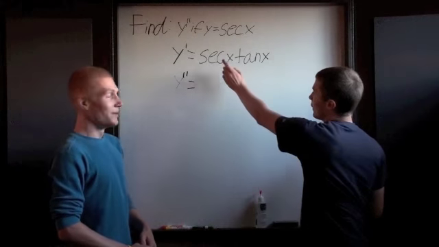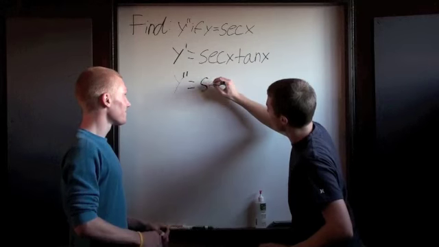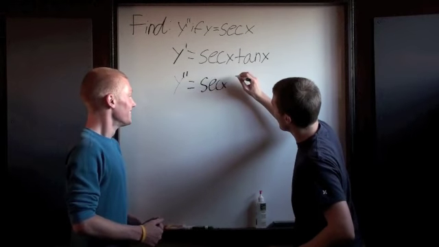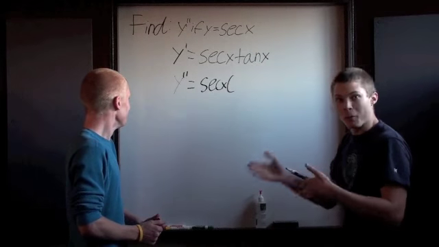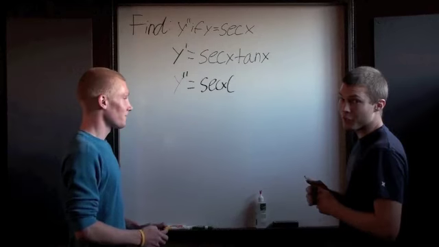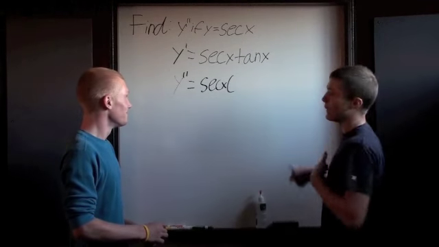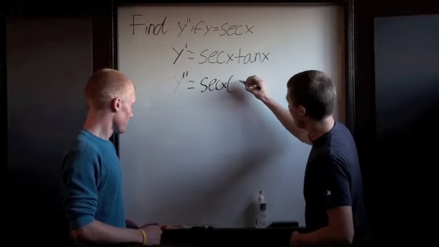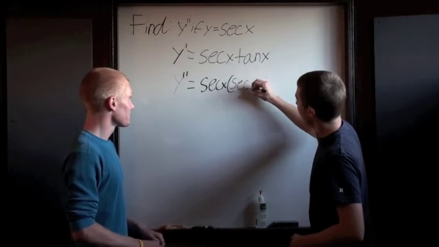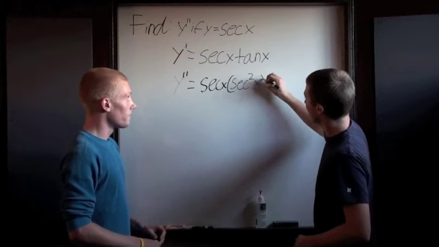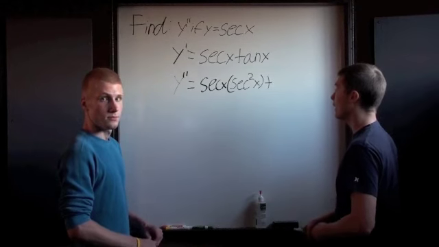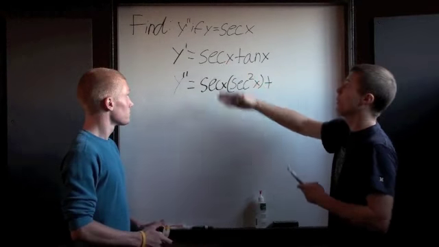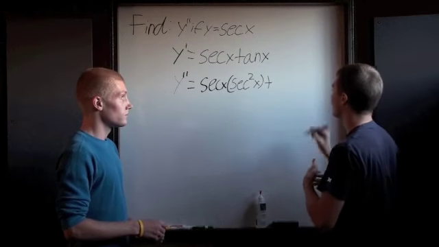So, what we have is the left alone function, secant of x, times the derivative of our second, which again, if you remember the rules and the cheats that I showed you, the derivative of tangent is secant squared of x. So, multiplied by secant squared x. Now, plus, and then, since we left this one alone the first time, we have to take the derivative of that one this time.